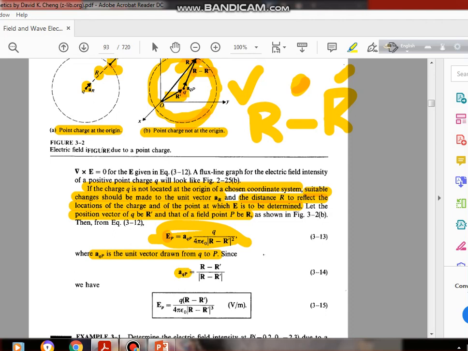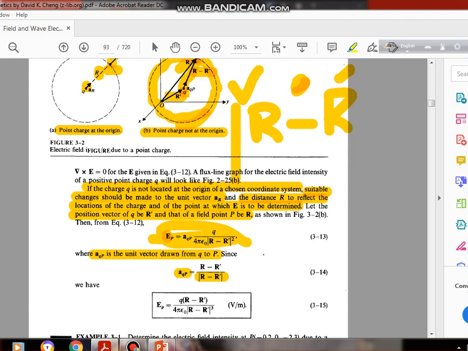A unit vector is obtained from a vector as follows. If we divide a vector by its magnitude, the absolute sign is given here, we get the unit vector out of it.